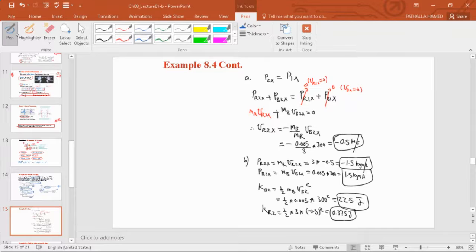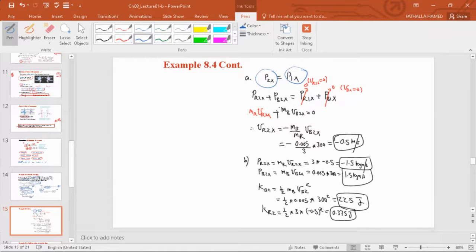So I'm going to say that my momentum P2x should equal momentum P1x, but I told you that momentum P1x should equal 0. So momentum Px will come from a system now. It is the mass of the rifle multiplied by the initial velocity of the rifle plus the mass of the bullet times the initial velocity of the bullet, but both of them are equal to 0. So this one will give me 0. But after firing, the momentum of the rifle will be the mass multiplied by VR2x, which is what I want to find.